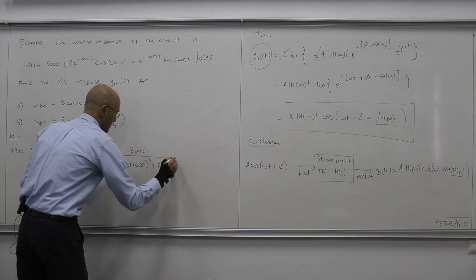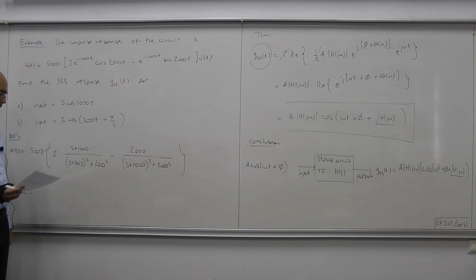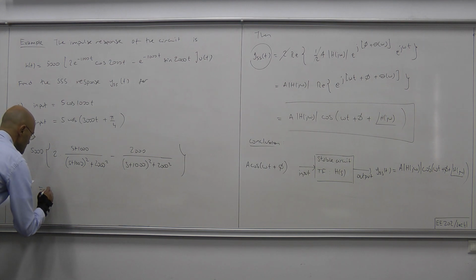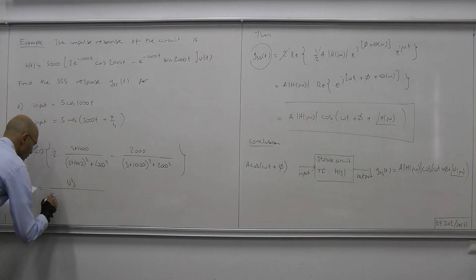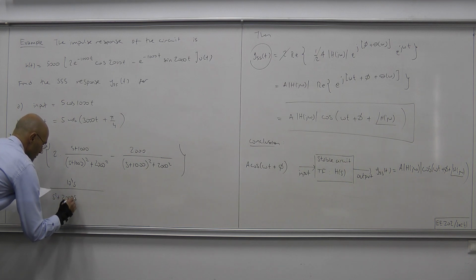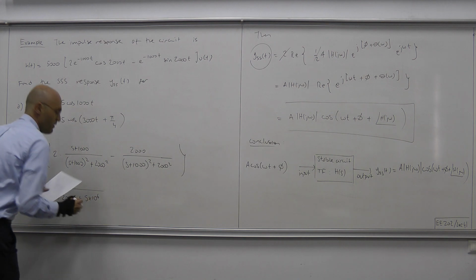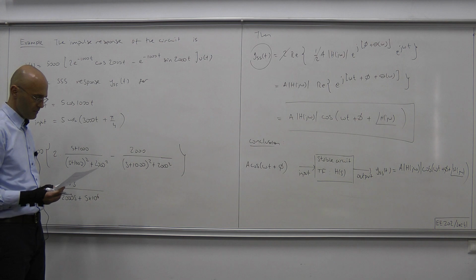Written as a single fraction, that produces 10 to the 4 s over s squared plus 2000s plus 5 million. So that's our transfer function, H(s).